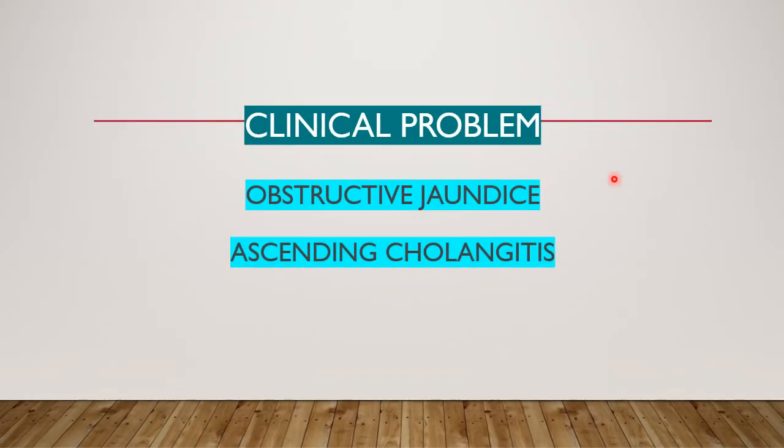So at the end, after the history and the physical examination, we have come to a clinical problem of obstructive jaundice with ascending cholangitis as the main problem that this patient is having. And the most common cause will be gallstones. Whether this patient has gallstones or not has to be determined by some investigations.